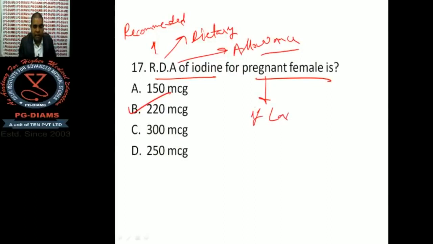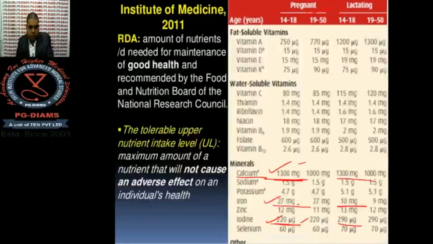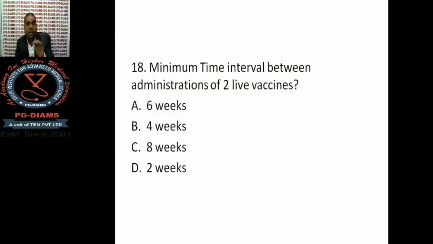If lactating woman would have been in the question, it would have been 290 mcg. mcg is microgram. Okay, 220 for pregnant and 290 for lactating. Moreover, 27 milligram of iron and 1.3 gram of calcium is required to maintain normal healthy status in a pregnant female.